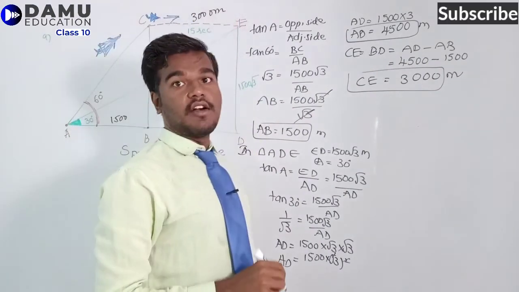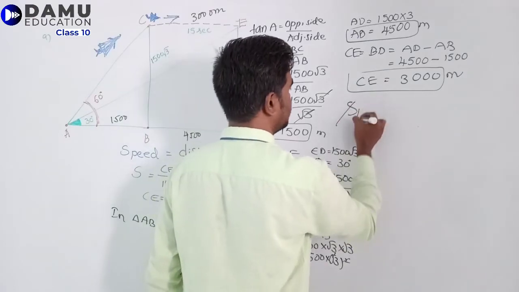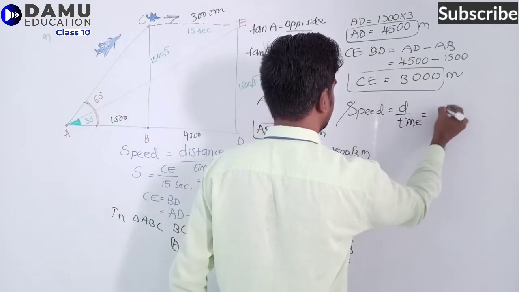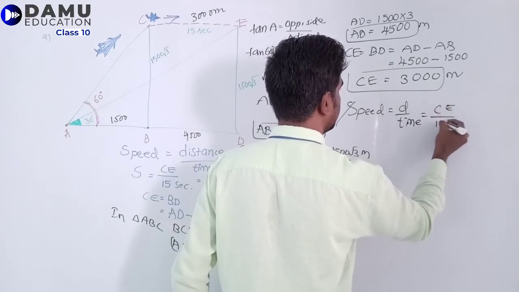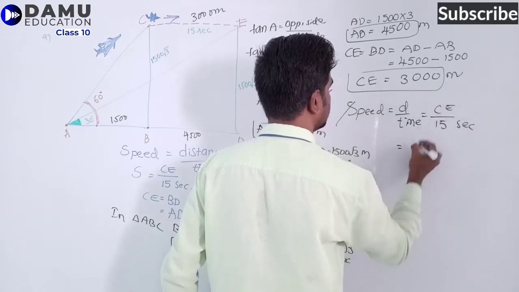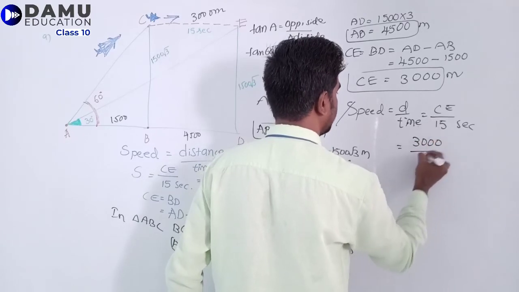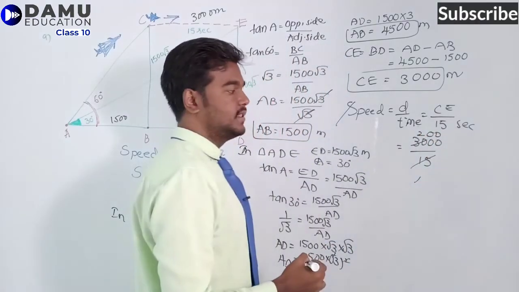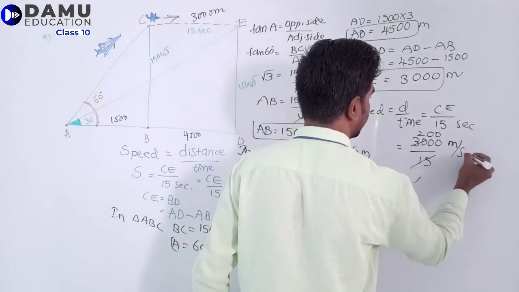So what is the speed? Constant speed. We know that speed will be equal to distance by time. So what is the distance? We know CE is 3000, and time is 15 seconds. So speed will be equal to 3000 by 15. 15 twos are 30, so that is 200 meters per second.